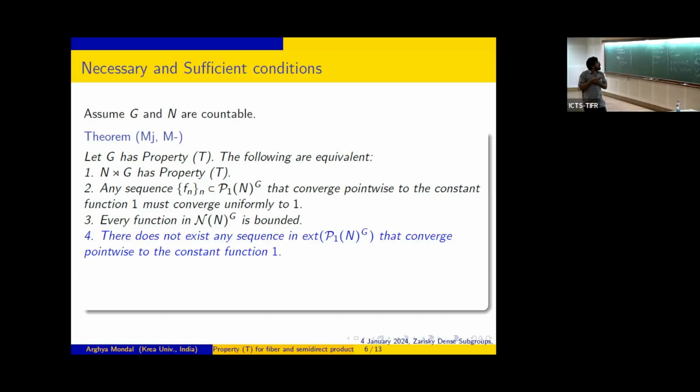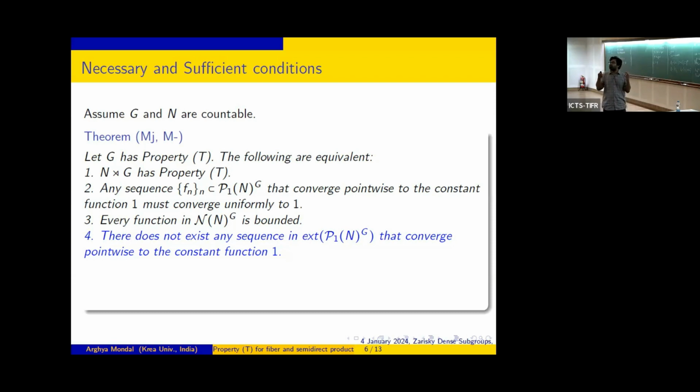And then I realized something after the paper was published, that you don't even need to look at all G invariant functions of positive type. You just need to look at the extreme points of this convex set. And you cannot have a sequence in this convex set that converges pointwise to the constant function 1. So it's like isolated.